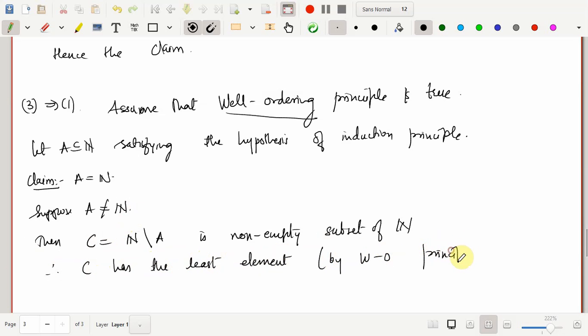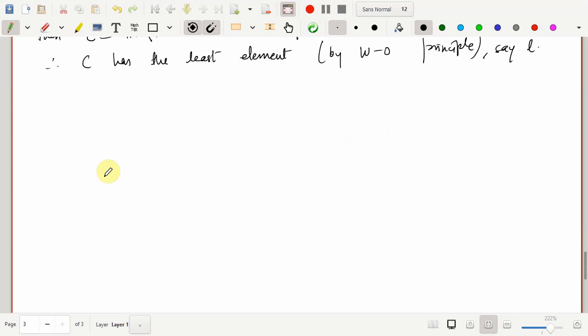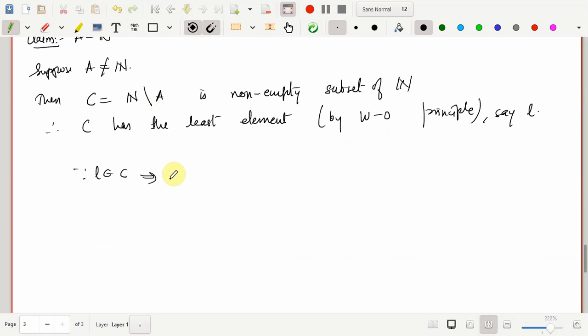Since L belongs to C and C is N difference A, L will not be a part of A. Now you know that there is already one element in A for sure, that is 1. Therefore L cannot be equal to 1, as 1 is in A.